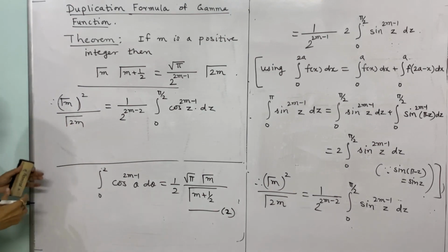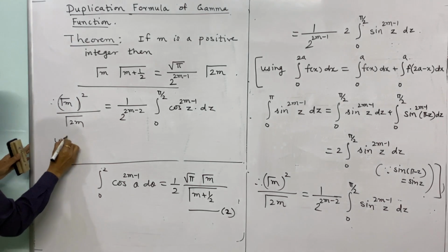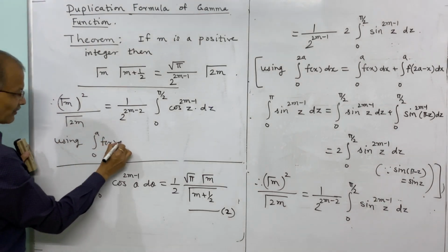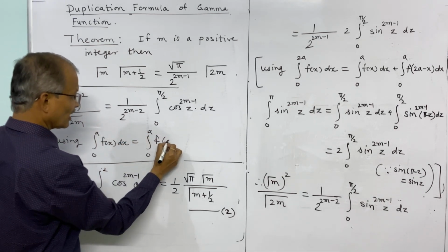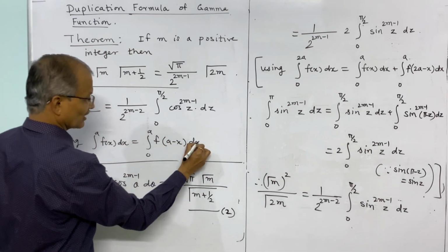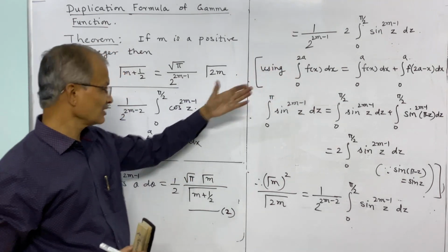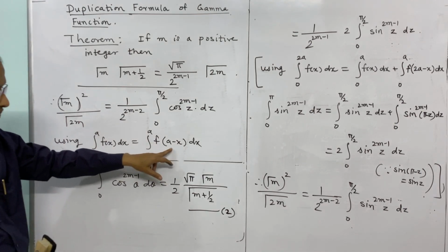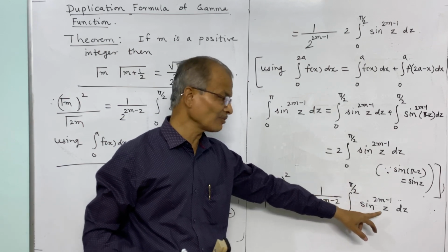Here the property used is: integral 0 to a of f of x dx is equal to integral 0 to a of f of a minus x dx. This is the property of definite integral. Here this one is used. So what is f of a minus x? Sine, where a is here pi by 2, sine of pi by 2 minus z.